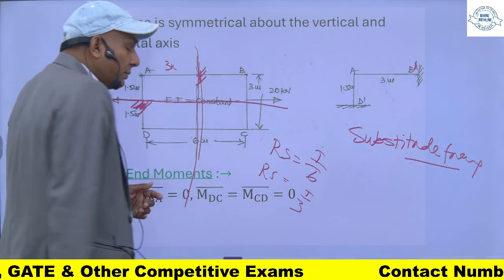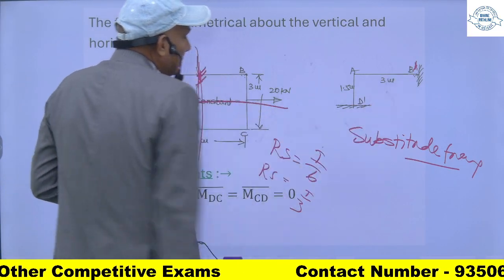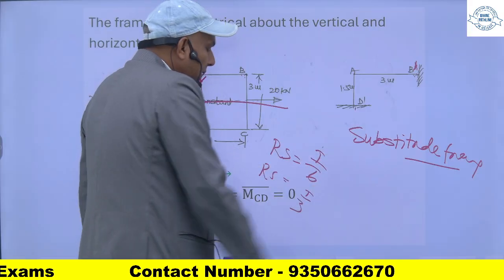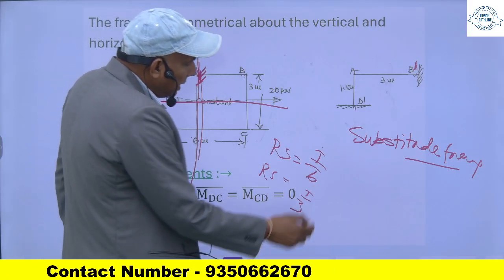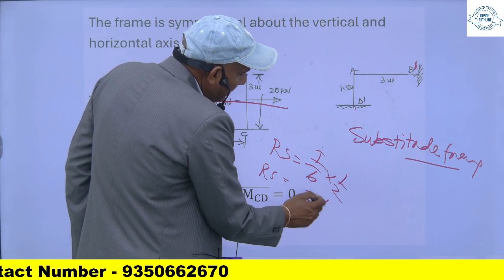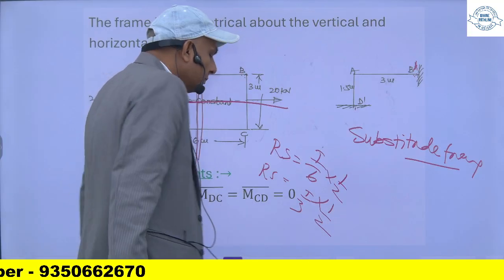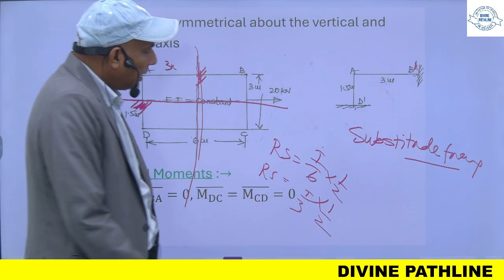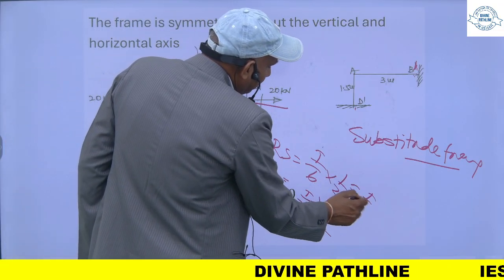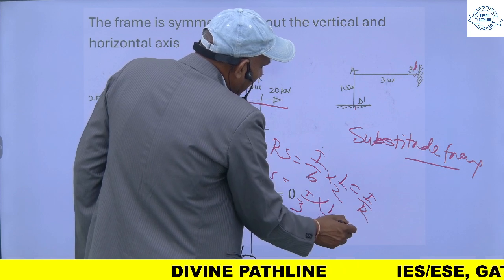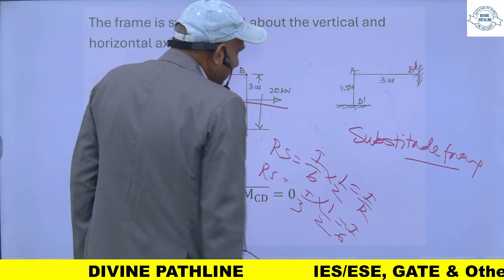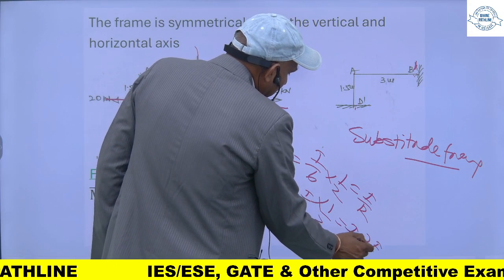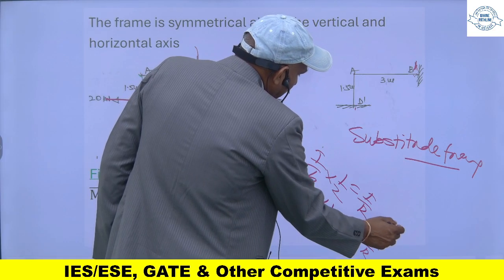Now for the substitute frame, the relative stiffness of AB1 and AD1 will be half of this, so I will multiply it by 1 by 2. Now this will be I upon 12, and this will be I upon 6. So I can say 2I upon 12. So the sum will be 3I upon 12.